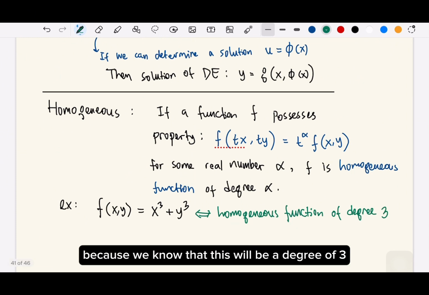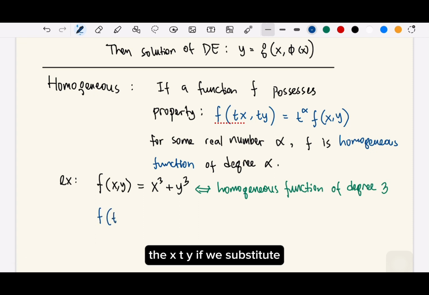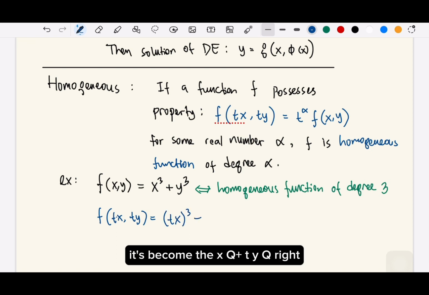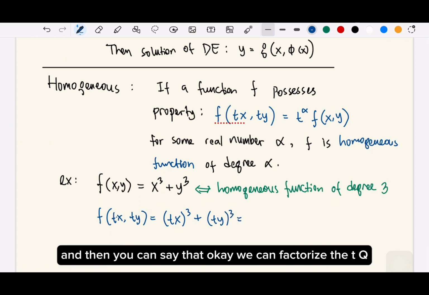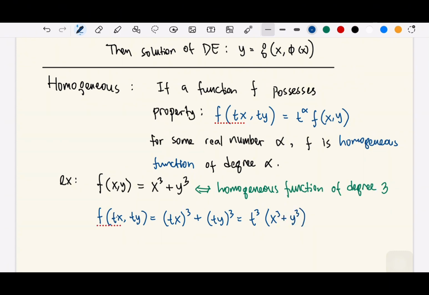It becomes (tx) cubed plus (ty) cubed, and then we can factorize t cubed, which means it is of degree 3. So it's a homogeneous function.